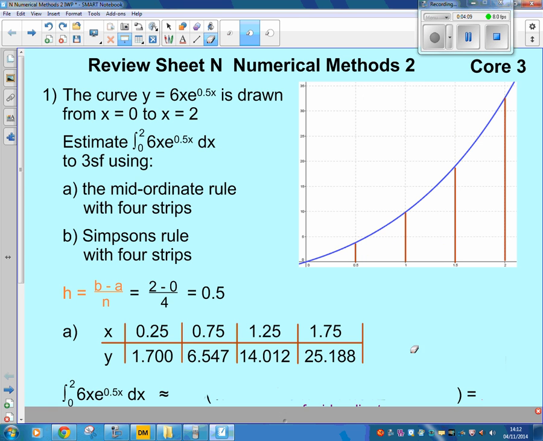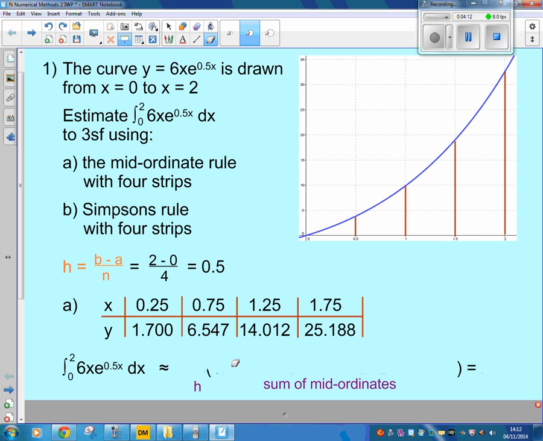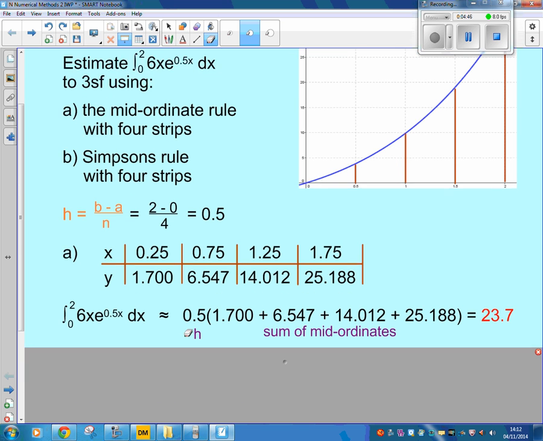Once I've got the numbers, it's very easy to do the Midordinate rule, because all you do is take the h value, 0.5, and multiply it by the sum of all the midordinates, the sum of all the y-coordinates. Inside those brackets I put 1.700, 6.547, etc., and when I've added them all up, I multiply by 0.5, and I should get about 23.7. Notice my final answer has been rounded to the 3 significant figures that are required.